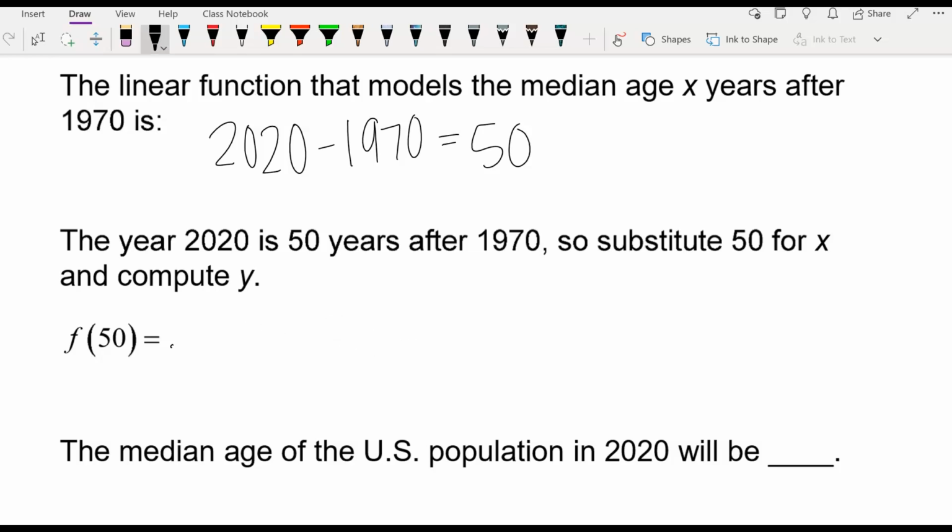So equals 0.265 times 50 minus 20 plus 0.35.